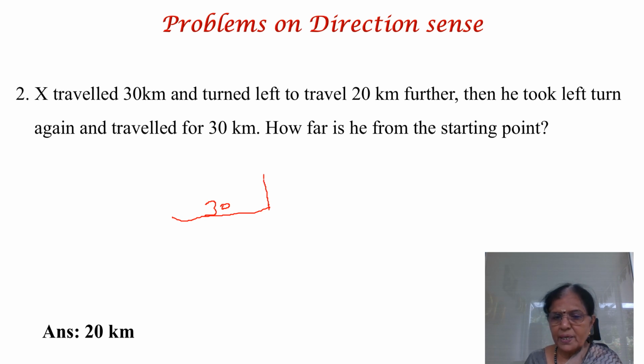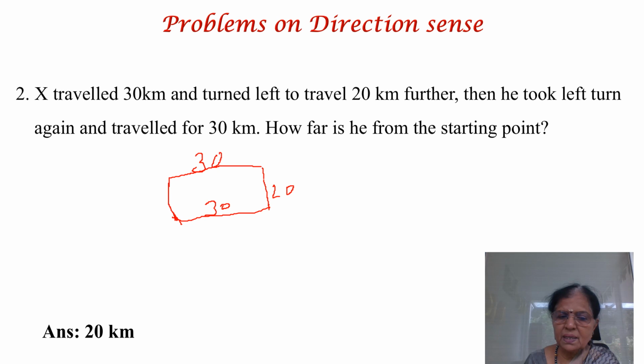He traveled 20 kilometers. This side he traveled 20 kilometers. Then he took left turn again. So here, this is again left turn and traveled for 30 kilometers. How far is he from the starting point? This is the starting point, isn't it? And this is the end point. So what is the distance here?